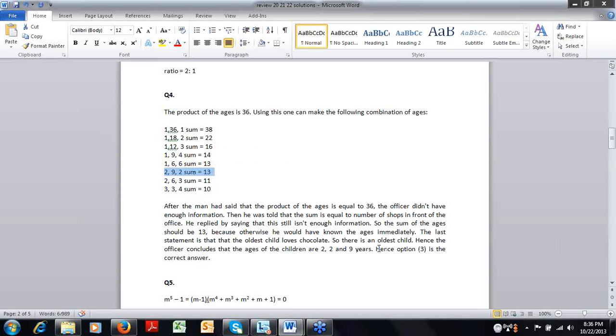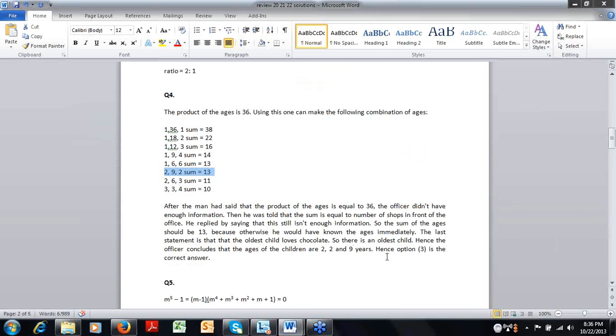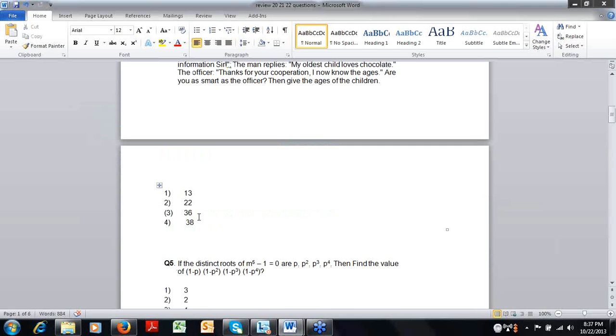So the ages of the children are 2, 9 and 2. Okay, so we have 2, 9, 2. The sum of the ages is 13. So we can go ahead and mark 13.